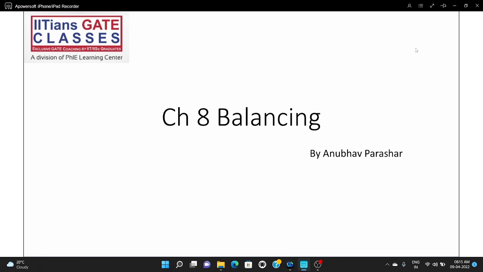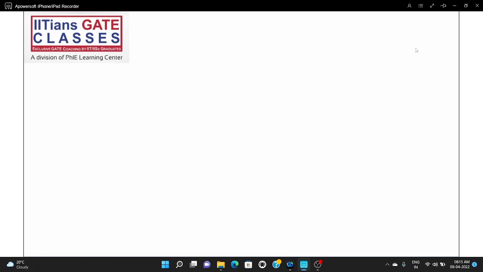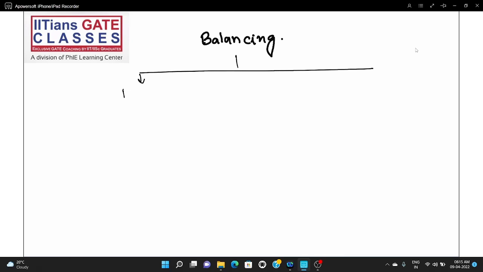Balancing, if you're talking about balancing, it can be for rotating masses.